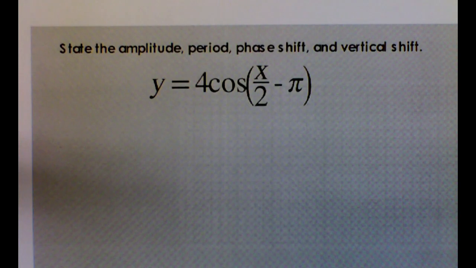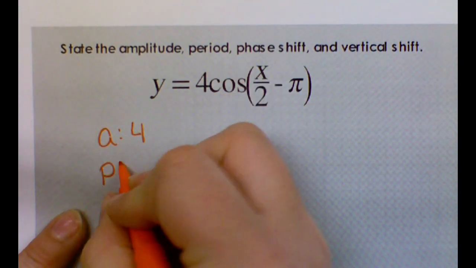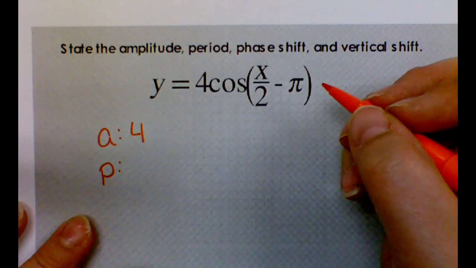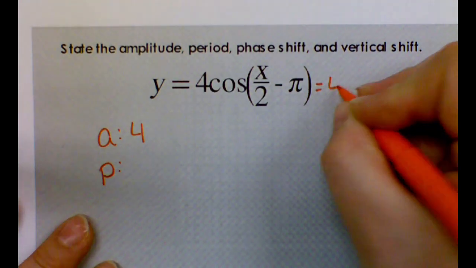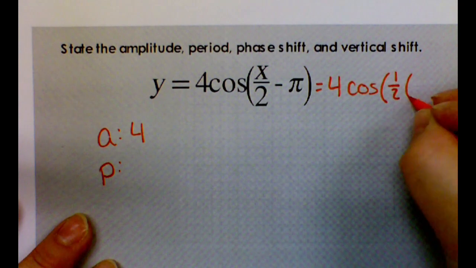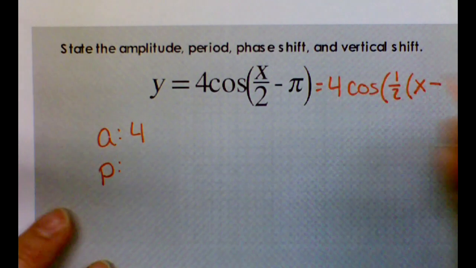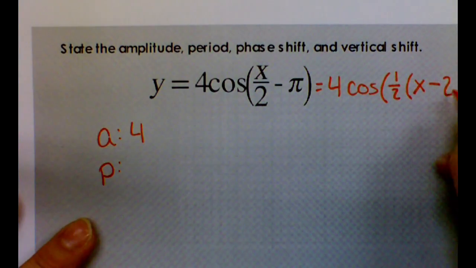And same thing again. Our amplitude here is 4, that number out front. Our period, well, we see x over 2, it's not factored out, so we have 4 cosine. We're going to factor out a 1/2. X minus 1/2 times what makes just pi? 2 pi.